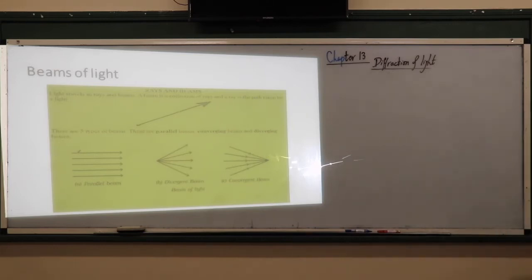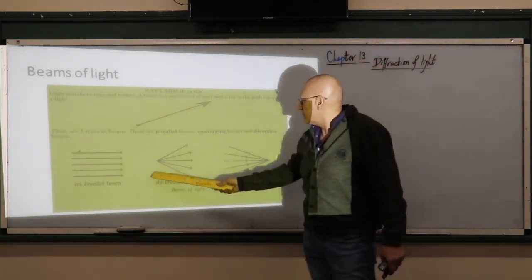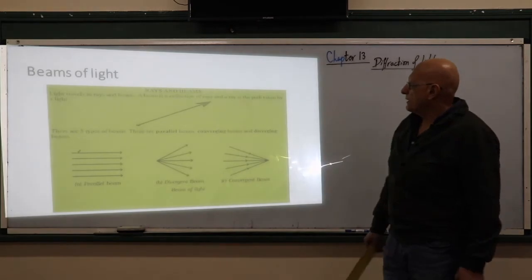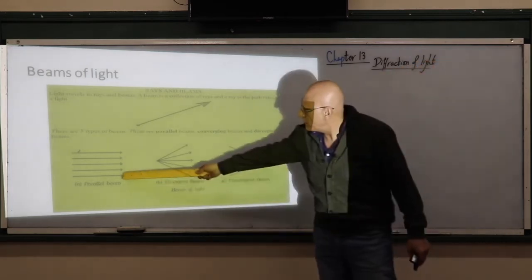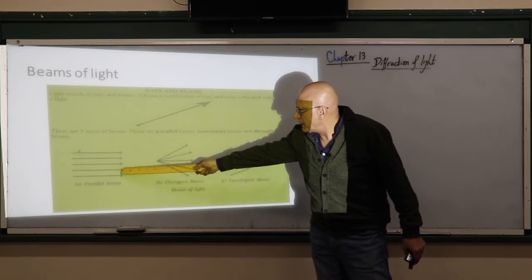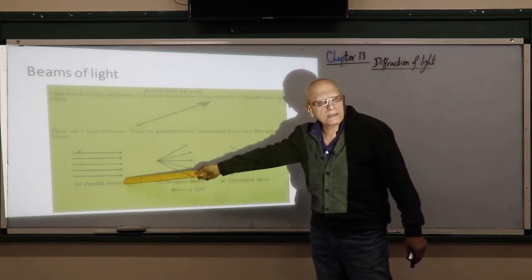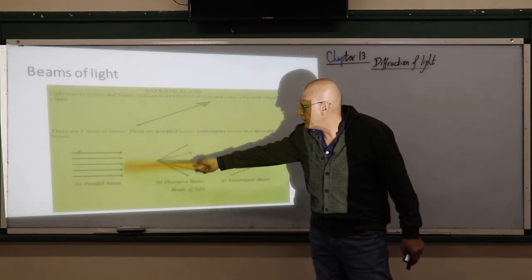You took this in grade 9 and grade 10, and as you know, you have three types of beams: parallel beam or cylindrical beam. The rays are parallel to each other, like laser light, okay? The beam of laser light is parallel.